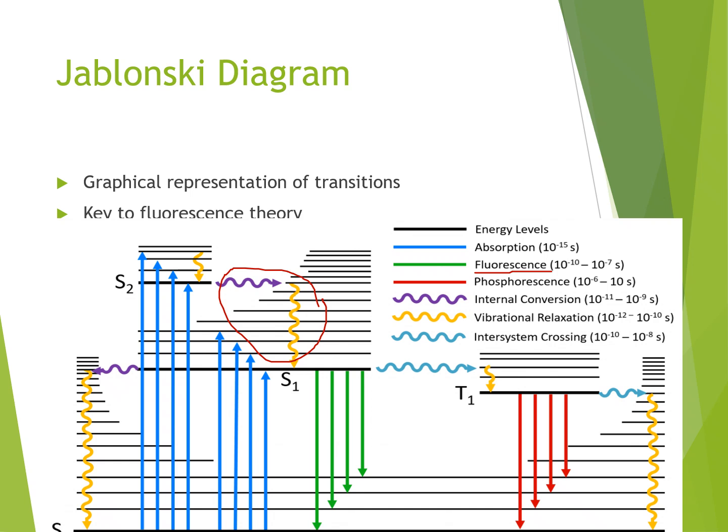Now, in the case of the phosphorescence process, it takes a longer time, 10 raised to minus 6 to 10 seconds. Why does it take much more time compared to fluorescence? Because of this important phenomenon, intersystem crossing, where the system is transferred from singlet to triplet.